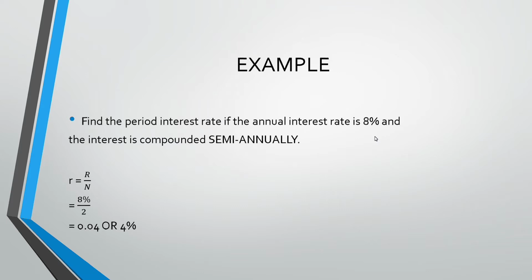Okay, so the value of big letter R is 8%. Therefore, 8% divided by n, which is semi-annually, so 8% divided by 2, we will have 4%. Or in decimal form, it is 0.04. Okay, so let's move on.